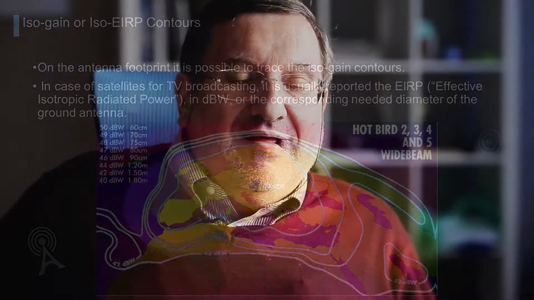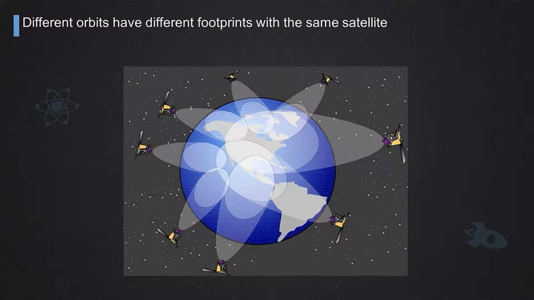Of course, while the pattern of an antenna is the same and doesn't depend on the orbit, the intersection of this pattern with the Earth, in terms of angular values, let's say the area expressed in terms of angles, depends on the satellite orbit. The farther away from the Earth the satellite is, the smaller is the equivalent area in degrees of the pattern intersecting the Earth.